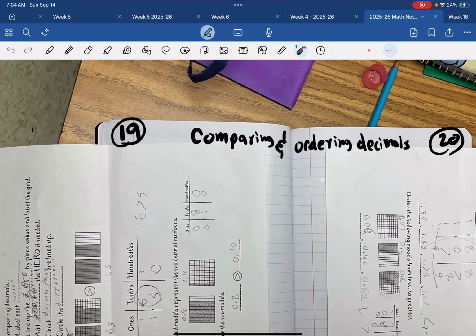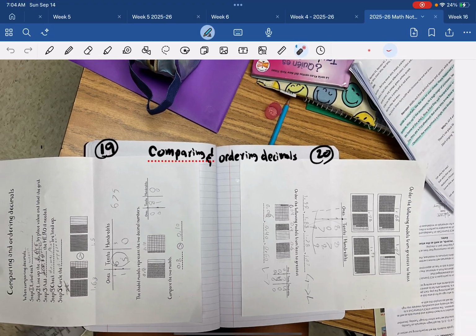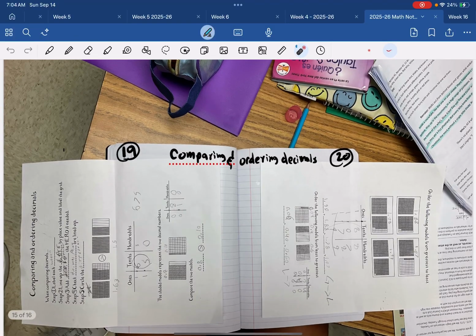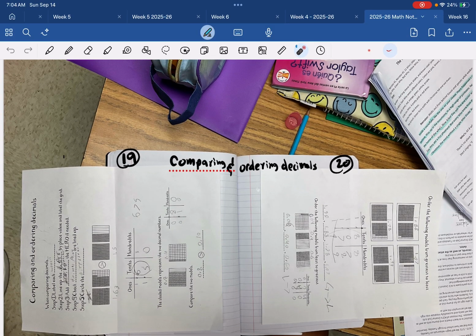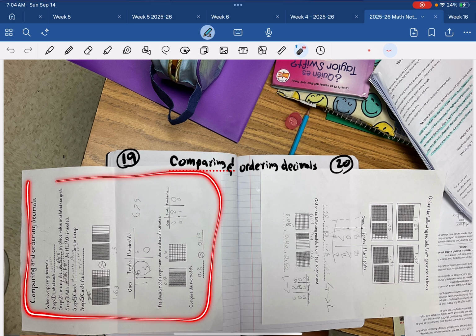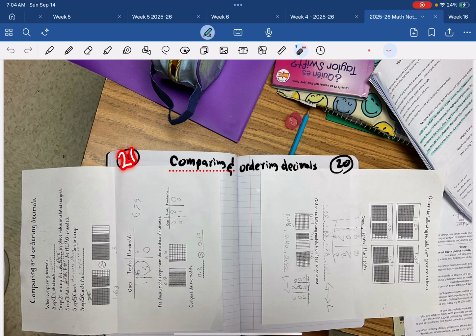This is page 19 and 20, the comparing and ordering decimals. So you're gonna have to flip it to the next page, and you're gonna fold it kind of like this, right? And it's gonna say page 21, and you're gonna title it Decimals on a Number Line.